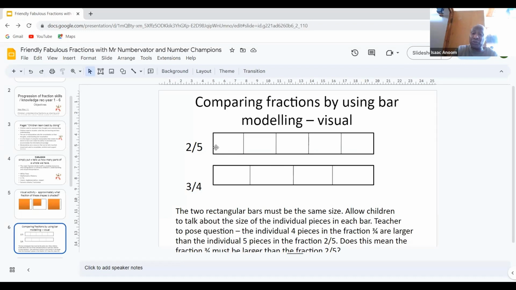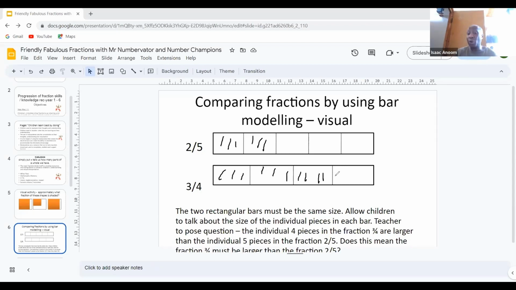For example, if I've got 2/5 here, I'm going to shade two of these 5 pieces. Right, now I'm going to shade 3 of these 4 pieces. And my simple question is, which fraction is larger? Is it 2/5 or is it 3/4?